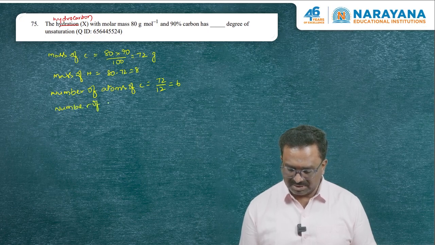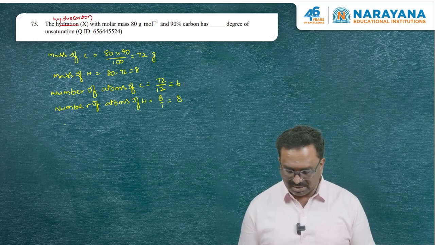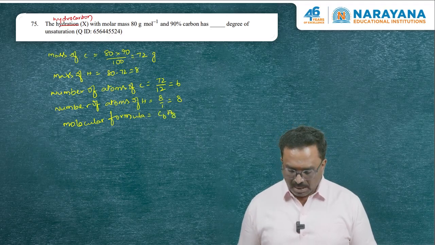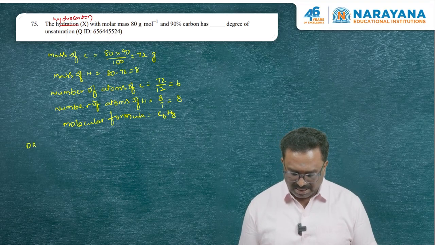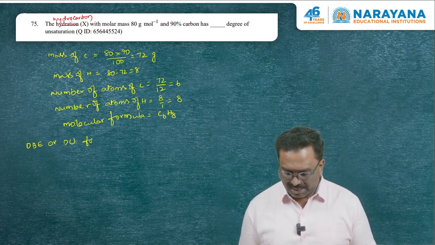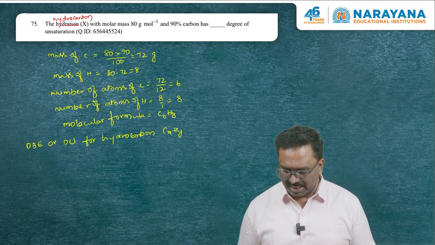Number of atoms of hydrogen, which is 8 by 1. So the molecular formula of this is C6H8. Now double bond equivalent or degree of unsaturation for a hydrocarbon, if we have a hydrocarbon which is represented as CxHy, consider.